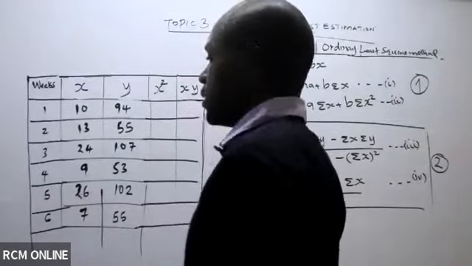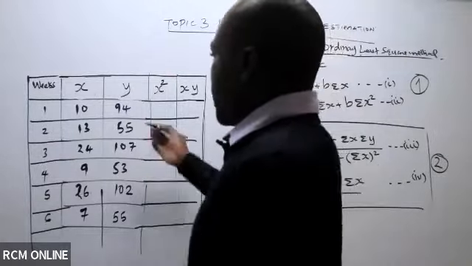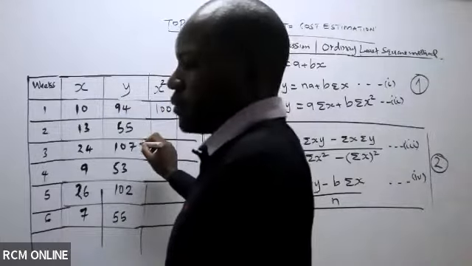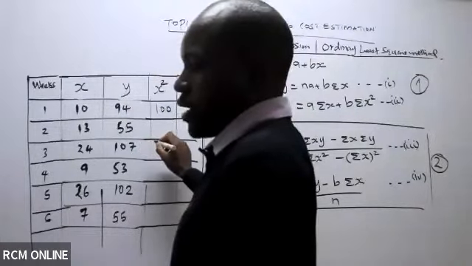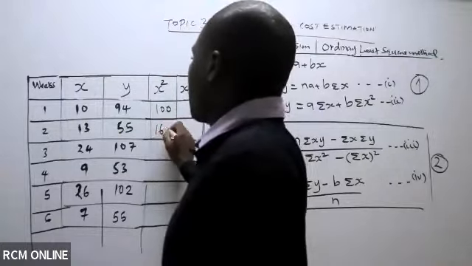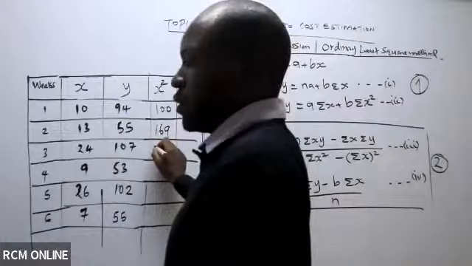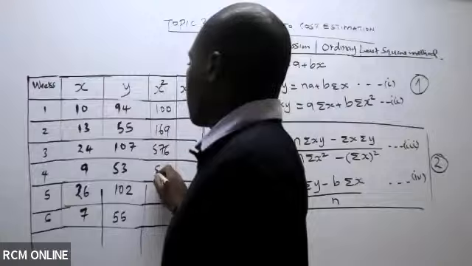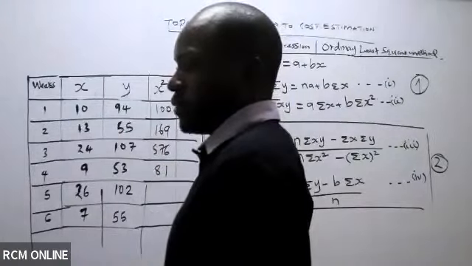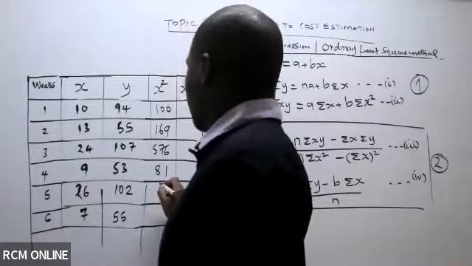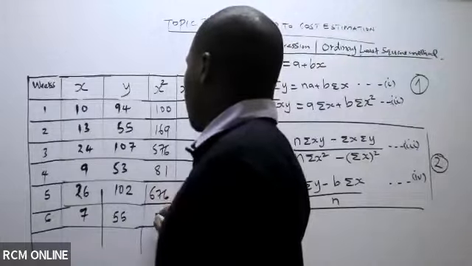So x squared: 10 squared will be 100, 13 squared is 169, 24 squared is 576, then 9 squared, 26 squared, 26 squared, 7 squared.